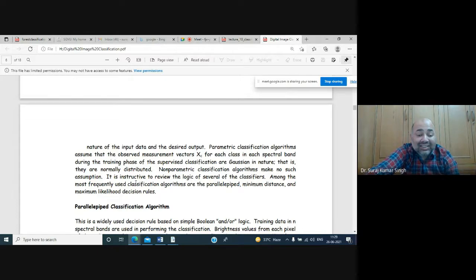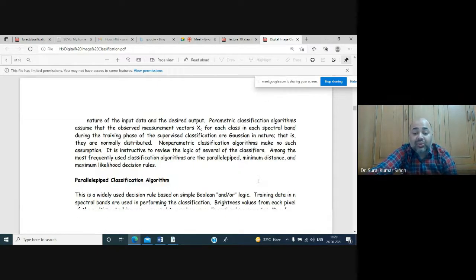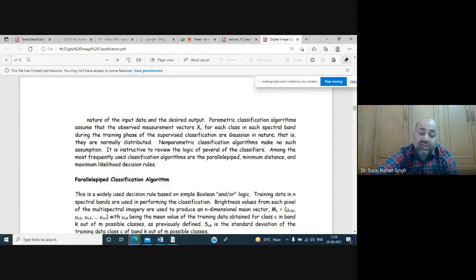It is instructive to review the logic of several classification algorithms. The most commonly used non-parametric classification techniques, the algorithms that we use for classifying our satellite image, are parallelepiped, minimum distance, and maximum likelihood.